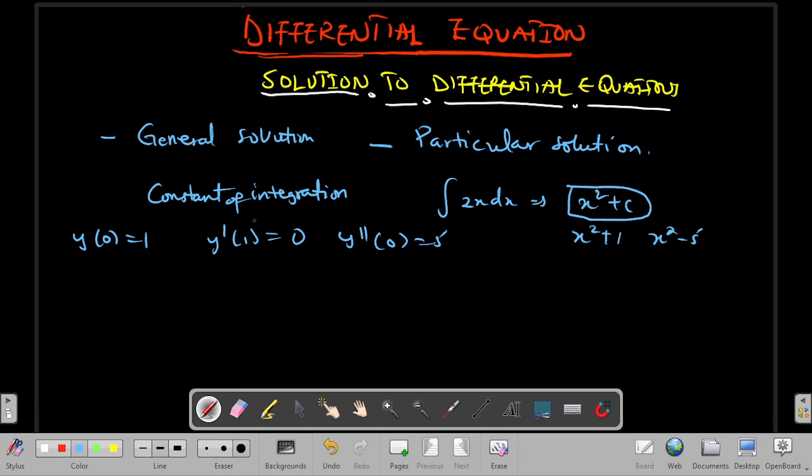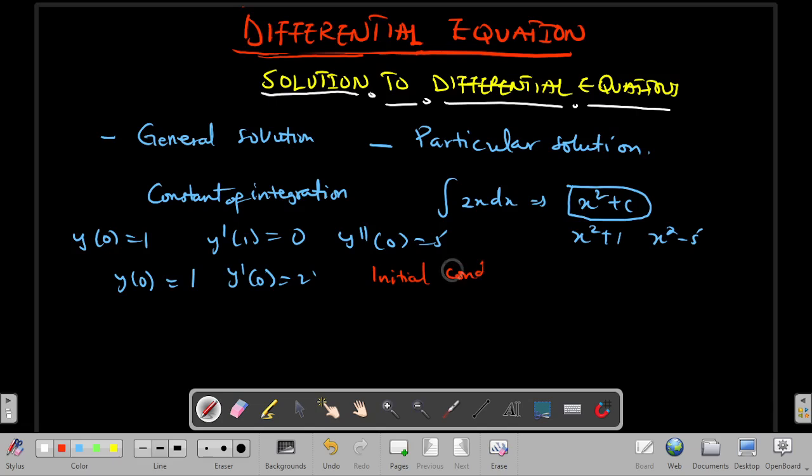So whenever they give you y of 0 is equal to 1, y prime of 0 is equal to 2, this is what we call initial conditions. They occur when your independent variable is 0.